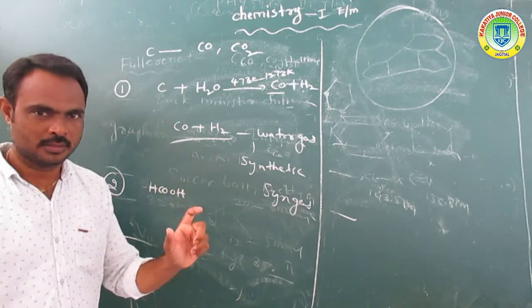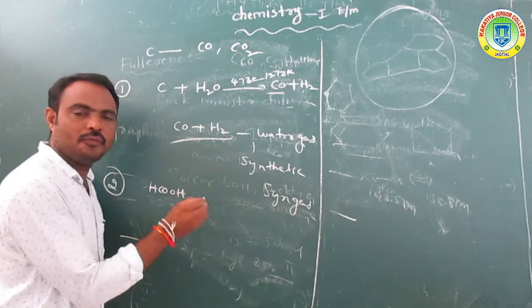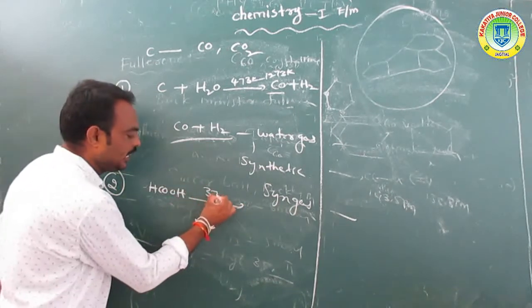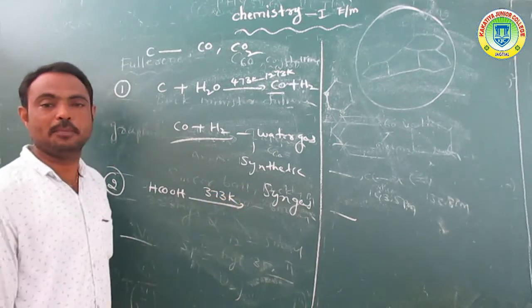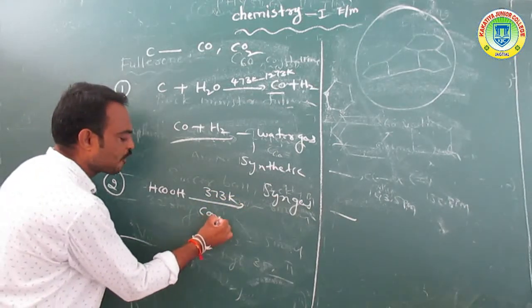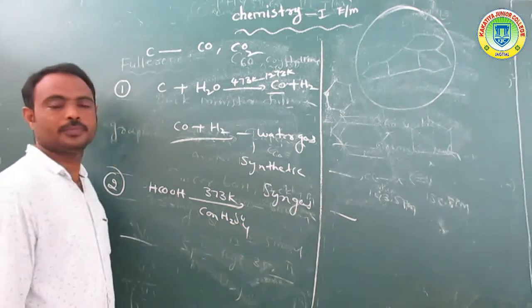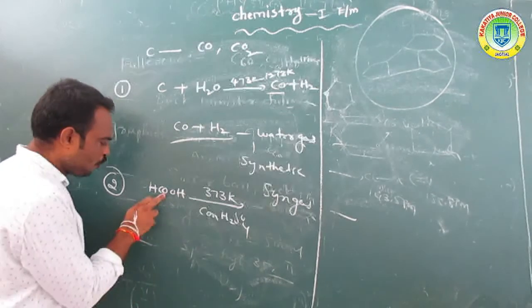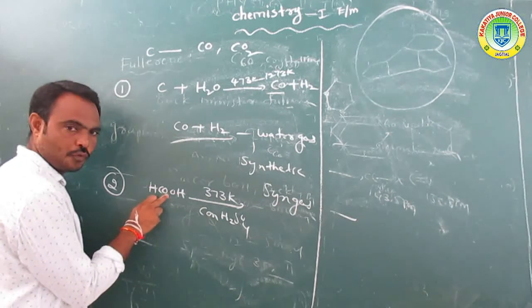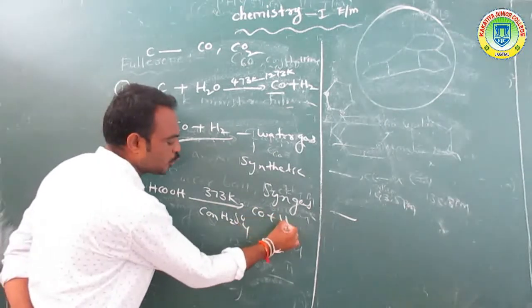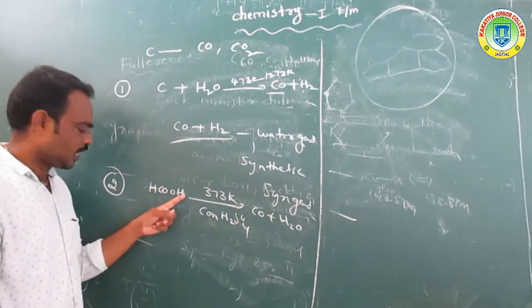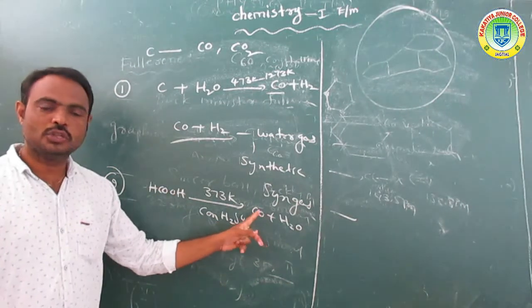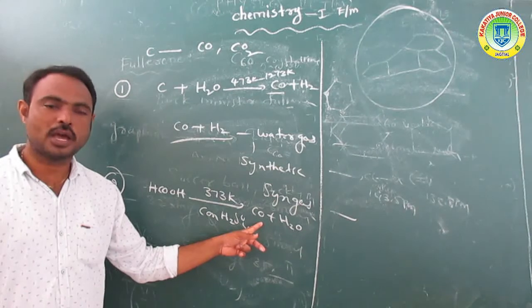When formic acid is heated at a 373 Kelvin temperature in the presence of concentrated H2SO4, it forms CO and H2O. H2 one O, H2O, remaining CO. So this is the preparation of carbon monoxide.